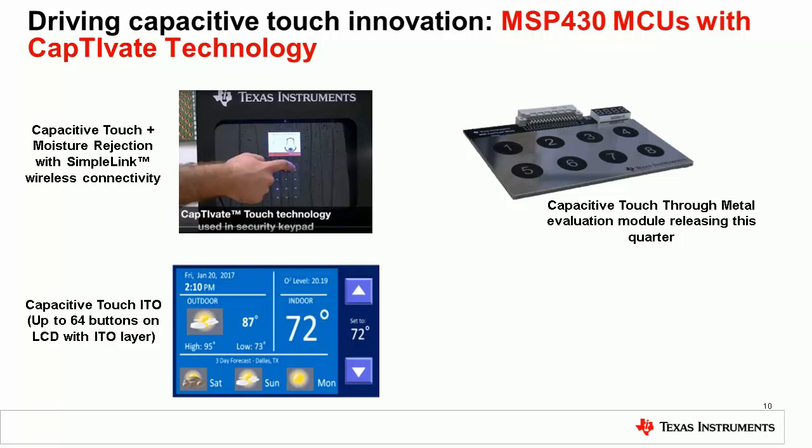This one, for example, is the moisture rejection demonstration along with the SimpleLink wireless connection. We're developing more and more solutions. A high percentage of our new designs do focus on adding that connectivity component.